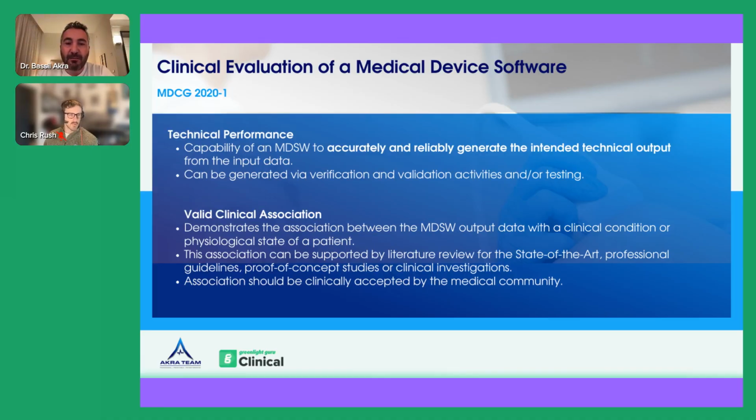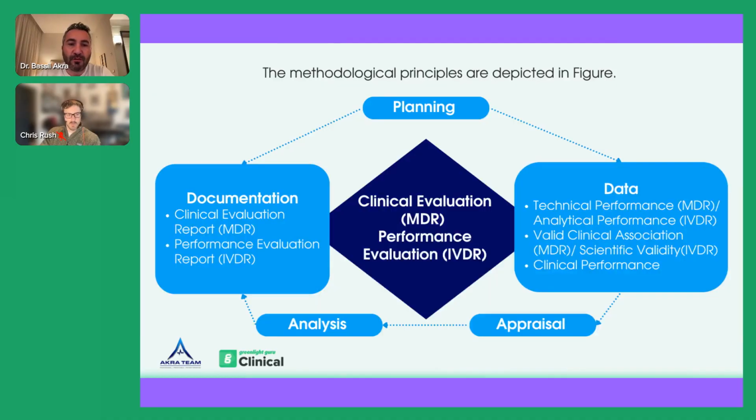Is this something I'm building based on known data, or based on big data? Then you need to understand what the software is doing. Is it delivering a diagnosis, a recommendation, or a treatment, or is it monitoring a patient? All of these criteria will define the key safety and performance criteria for your software, which allow you to decide, in the same principle as any clinical evaluation.